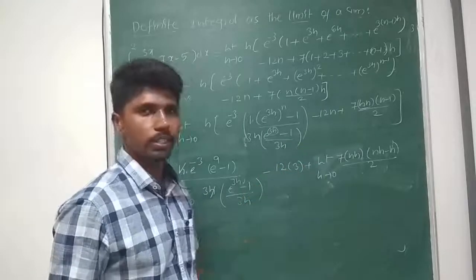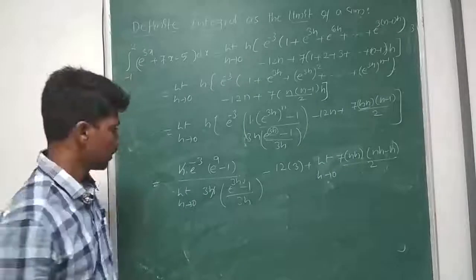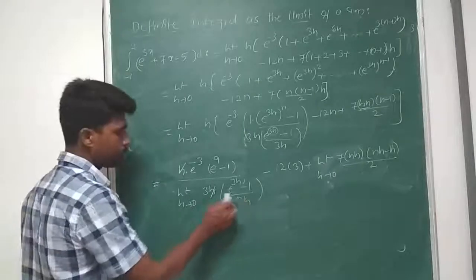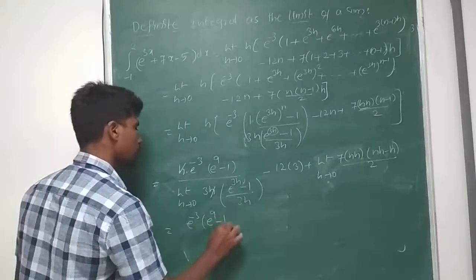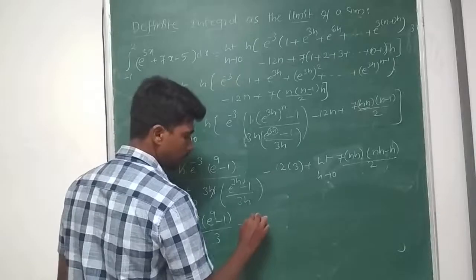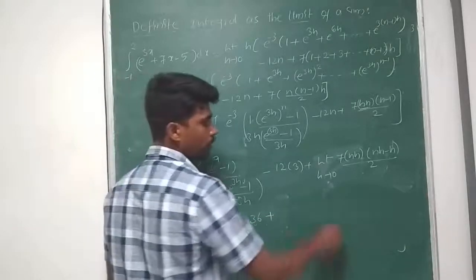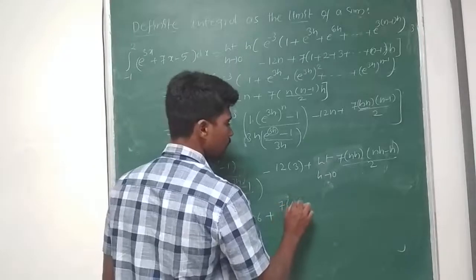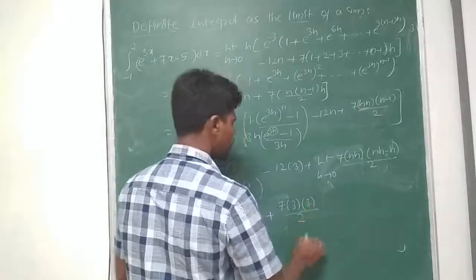I got only a constant, and if you apply the limit to a constant you get the same number. Now this value will be 1. So 1 into 3. So I get e power minus 3 into e power 9 minus 1 by 3, minus 12 3s are 36, plus 7 into 3 into 3 minus 0, 3 by 2.